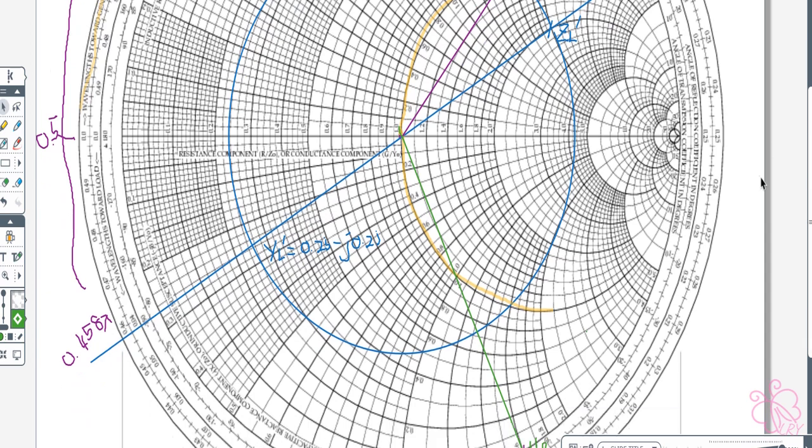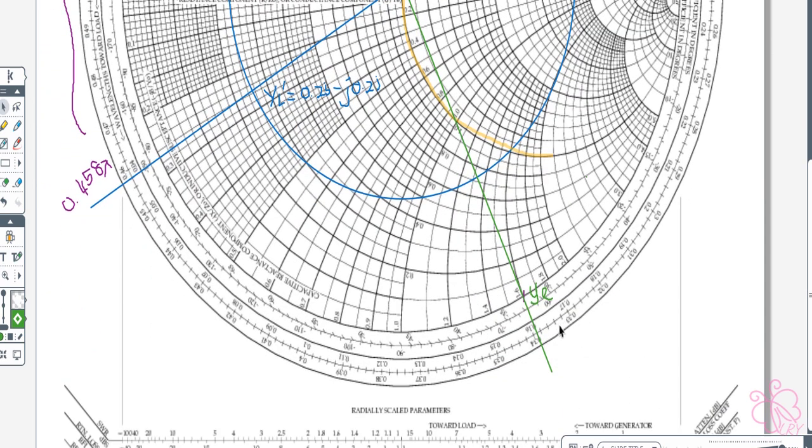So our YL is set between 0.33 and 0.34. It's in the middle, so the value of YL is at 0.339 lambda.